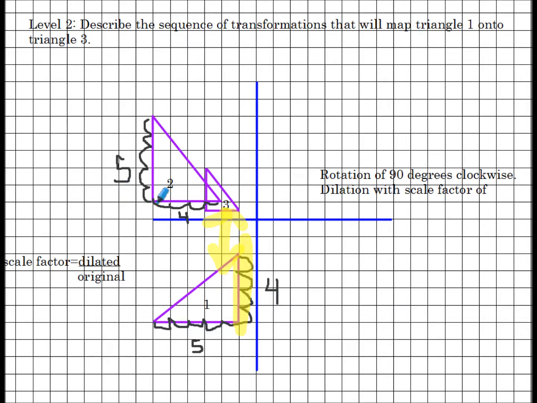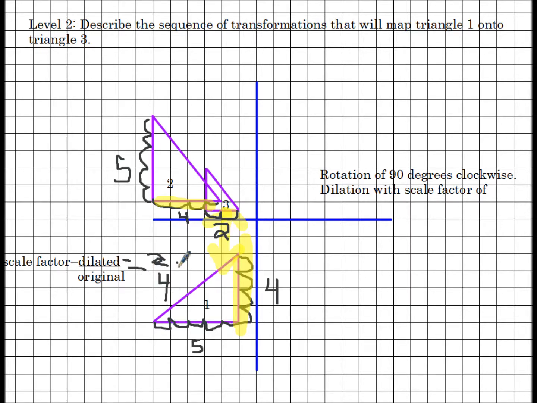It was then turned, and 4 is at the bottom. So now 4 that was at the bottom is still at the bottom, but it became 2. Rewind and replay that again if you need to. But the 4 became 2. The dilated figure is now 2. And the original figure is 4.